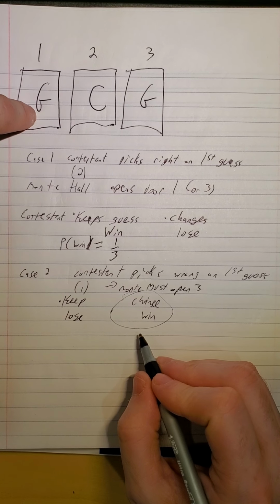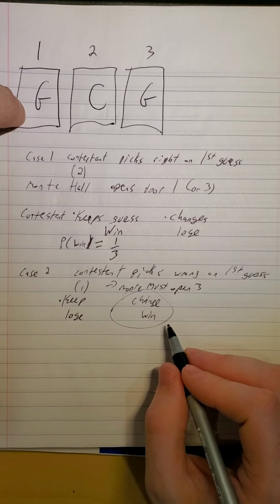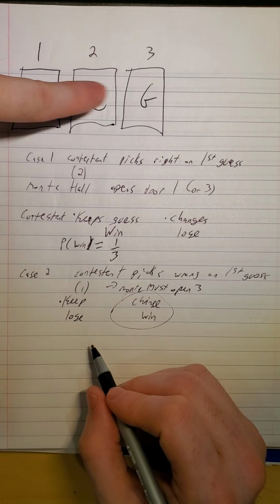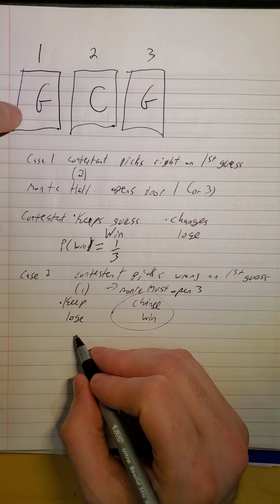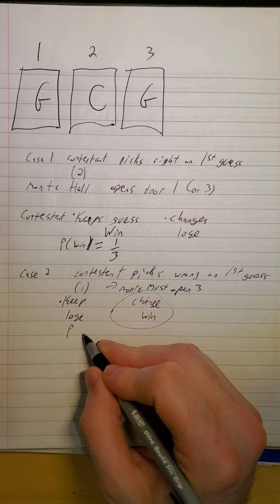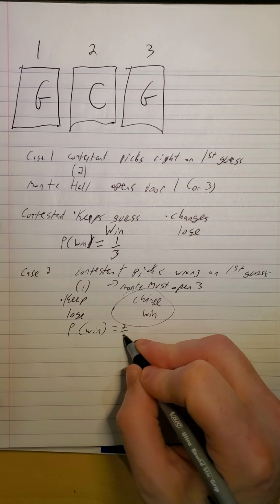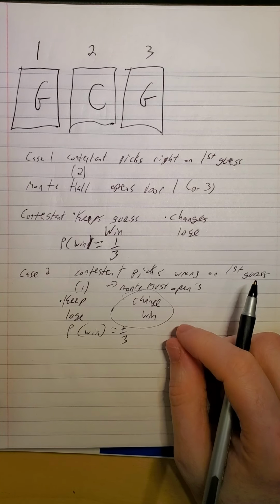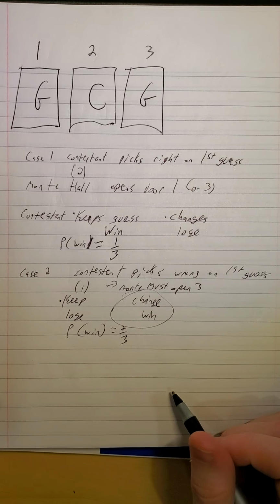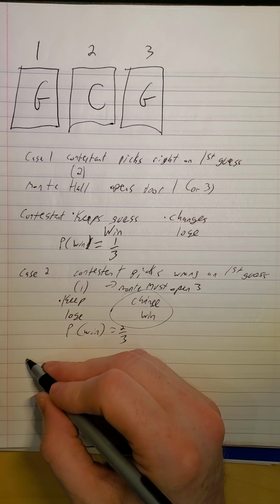If they change their guess, they'll win when their guess is wrong in the first try. What's the probability that their guess was wrong in the first try? 2 out of 3. You actually double your chance if you change your door in the Monty Hall problem.